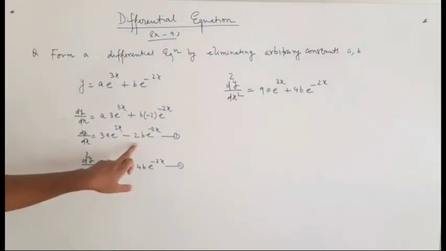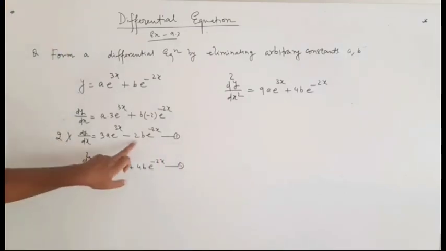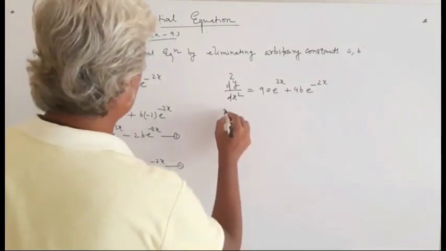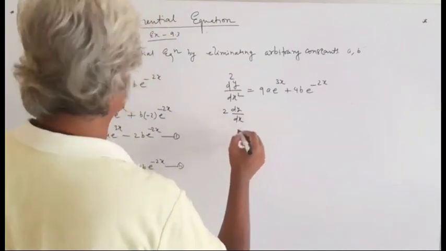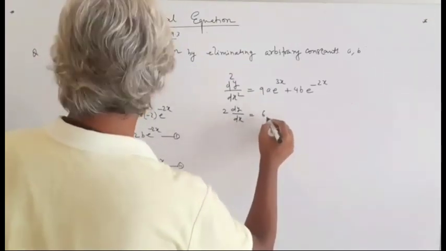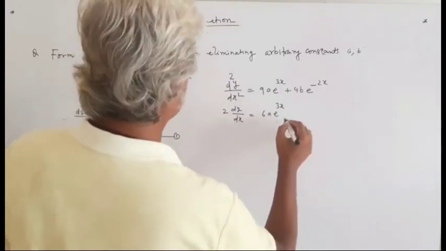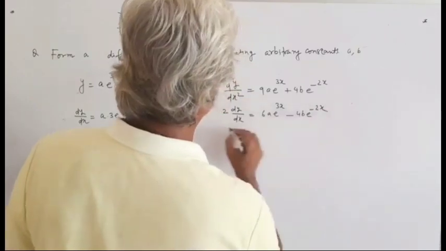If I multiply the second equation by 2, then you see this 2b will become 4b. So I get 2 dy by dx equals 6a e to the power 3x minus 4b e to the power minus 2x.